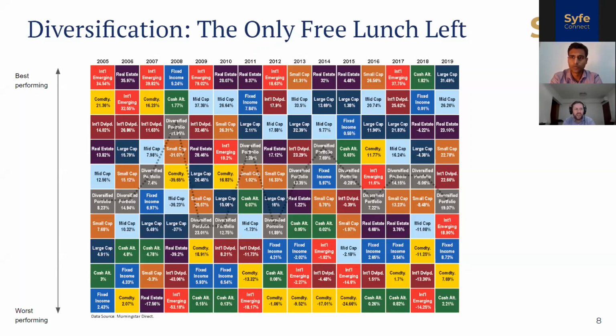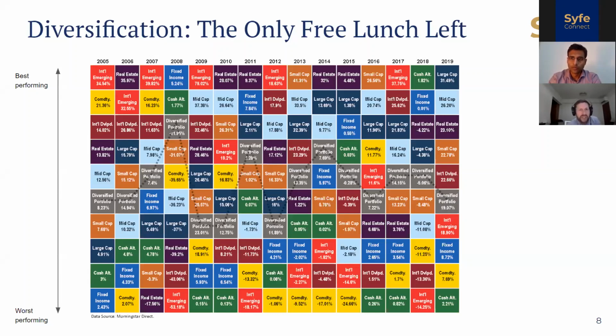So what the chart really shows is that it's impossible to predict which asset class will be the best performer each and every year. And why this is important to know is that it can often be dangerous to your finances to select asset classes based on the performance of the previous year.